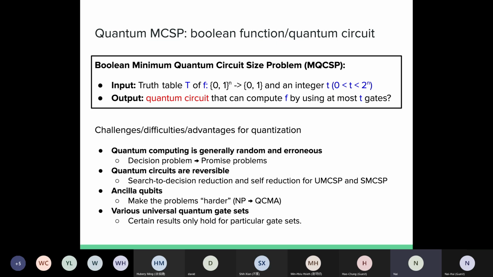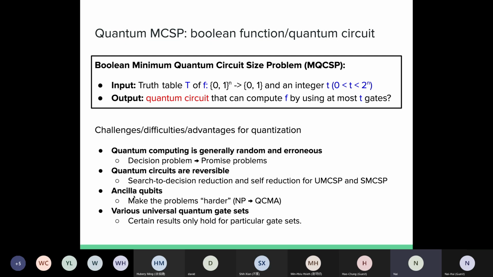And for the ancilla qubits, it is another interesting phenomenon in the quantum setting, because when you have more ancillas, your circuit can use these ancillas to compute the unitary or say the functions, right? But when you want to represent this circuit, the matrix will be much larger than the matrix we have in the classical setting.